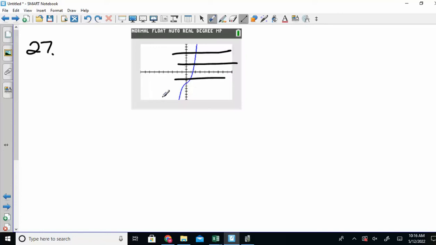Yeah, does this pass the horizontal line test? Yeah. Anywhere you draw a horizontal line, it only hits your graph once. So it is 1-to-1. What does it mean? It passes the horizontal line test, which means we can find an inverse. So we could find an inverse on this.